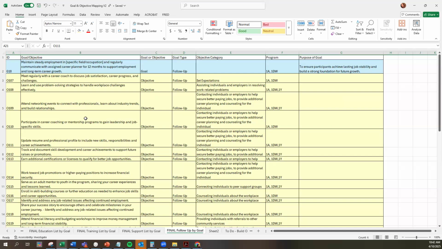So if you guys have any concerns about these, or you want to take a closer look at them, I'm happy to email you out a copy to take a closer look at. But our next step with these is we have a couple of things we're doing. We're going to meet with NIU to talk a little bit about our bracketed information, determine the best data points to collect around those. We're crosswalking these with the service matrix to make sure we have objectives and goals to support all of our services.